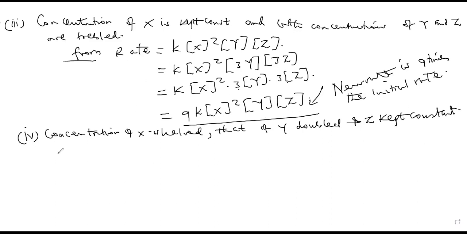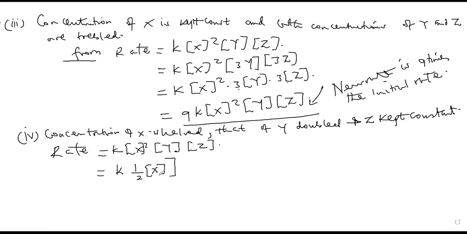If that's the case, still first write the general rate equation, k X squared Y Z. Concentration of X is halved, so it is k times a half concentration of X, but squared.